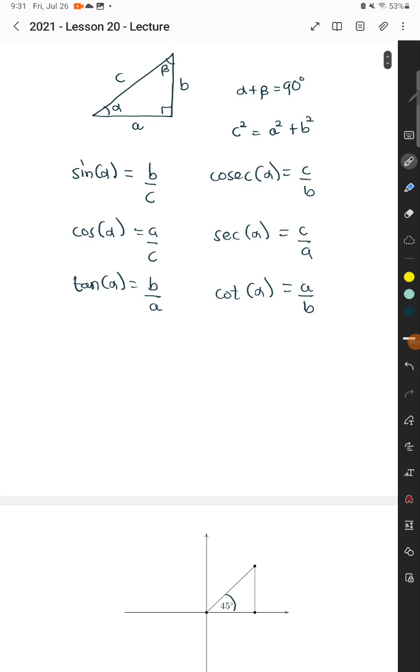Now let's move on to what we want to treat today. A unit circle refers to a circle which is centered at the origin and has radius of length 1.